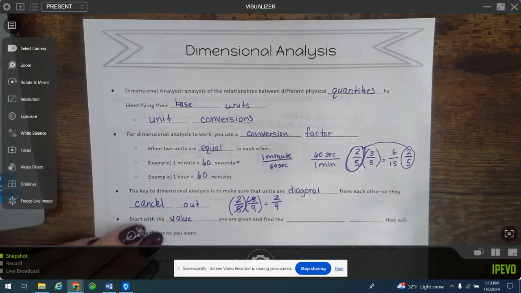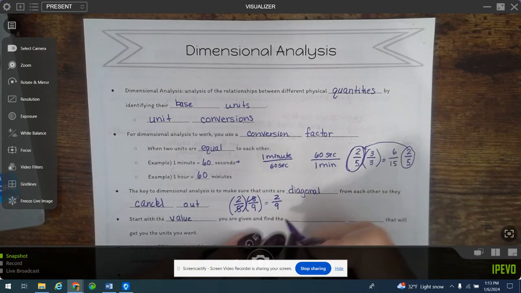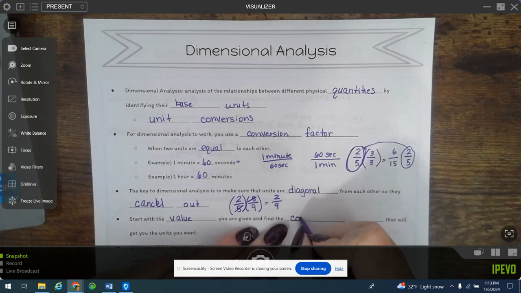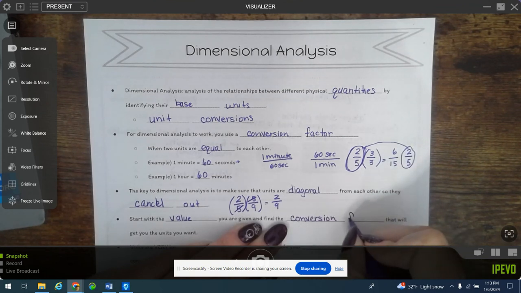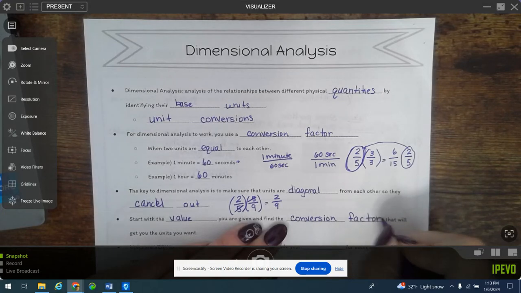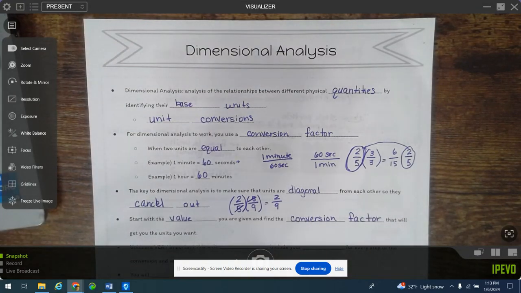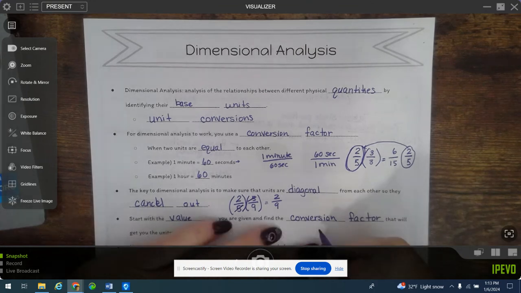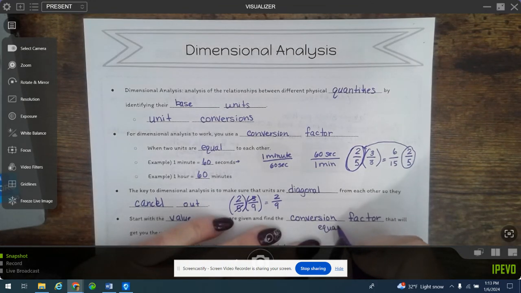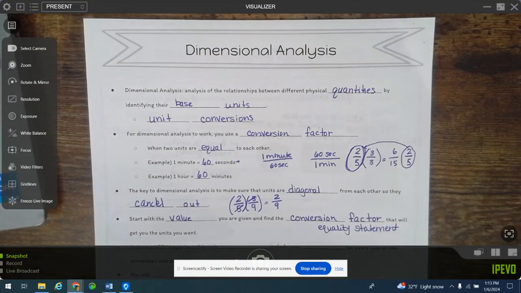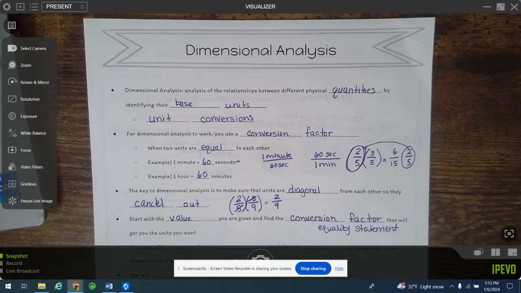Then you're going to find a conversion factor, and I'll use the term equality statement. By having this equality statement, this is going to help us get the units that we want to end up with in the problem.